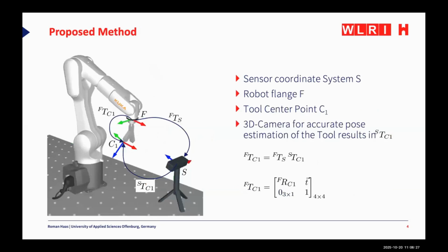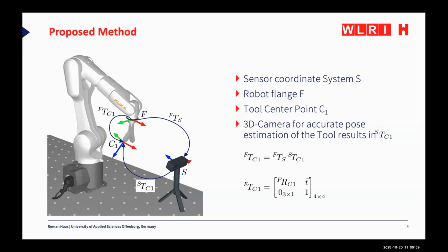So this is what I came up with to solve this problem. I use a 3D sensor over here, which has a coordinate system S, and the 3D sensor estimates the pose of this tool, for example. So we have a test tool attached to the robot, and in the point cloud of the sensor, we look for the CAD model of this tool tip. So we get this transformation matrix from the sensor to some C1.